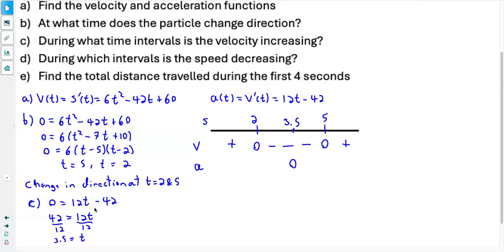So for example, if I was to plug in 2, that gives me a negative. So we know everything over here is a negative. Now on this side, I can plug in anything greater than 3.5. So for example, if I plugged in 5, that's going to give me a positive. So we know our acceleration in this domain is positive. So we can see that we have it accelerating in a positive direction anytime our time is greater than 3.5.